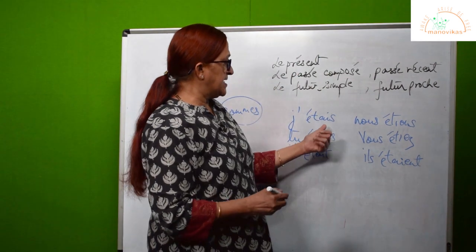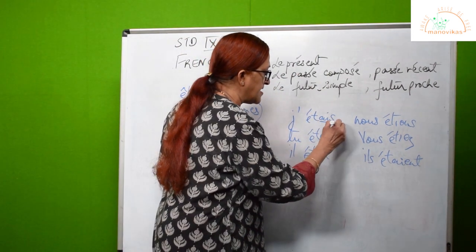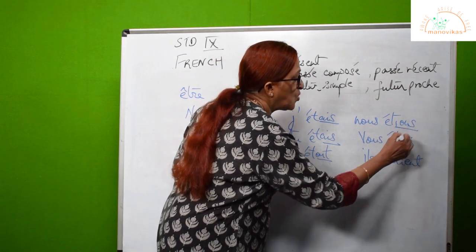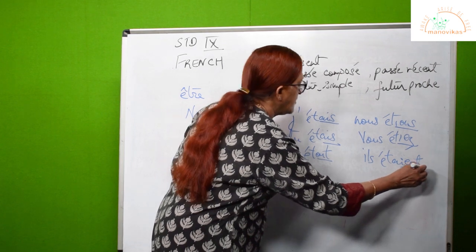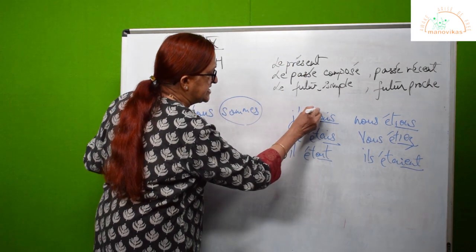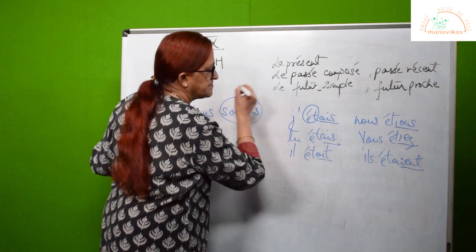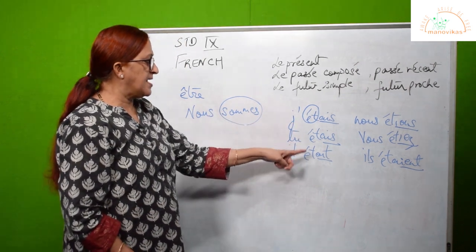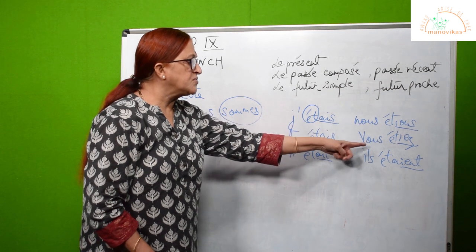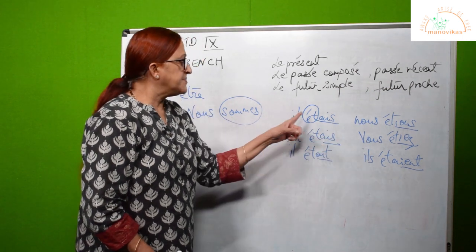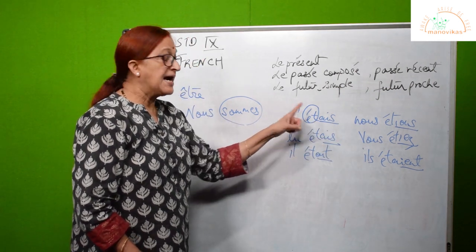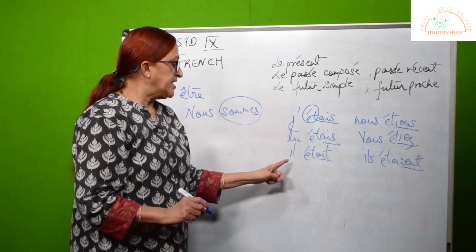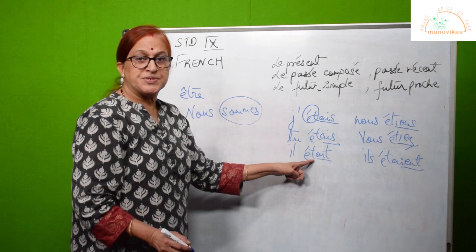So, if you see, we are adding the same endings. But to what are we adding them? There is no question of sommes here. We are just adding them to this ét, which is the root. So, j'étais, tu étais, il était, nous étions, vous étiez, ils étaient. It means I was, I used to be. You were, you used to be. He was, he used to be.